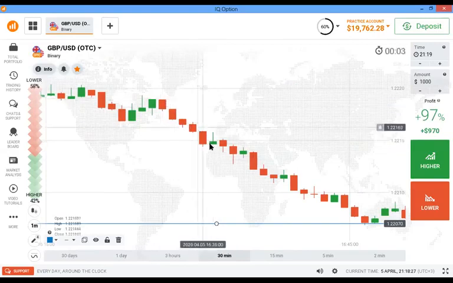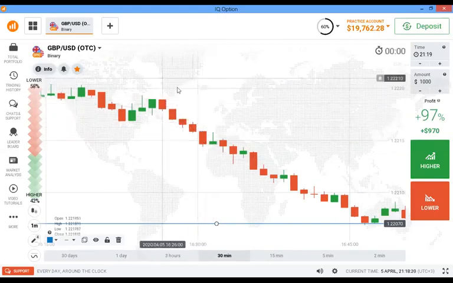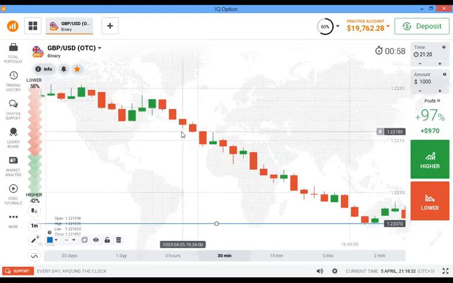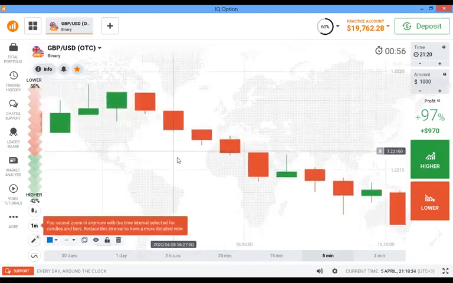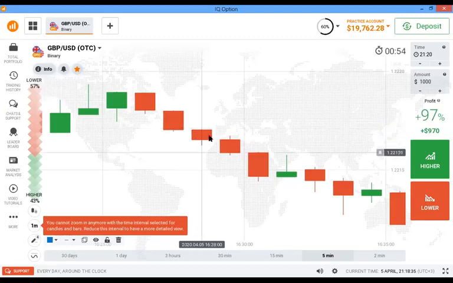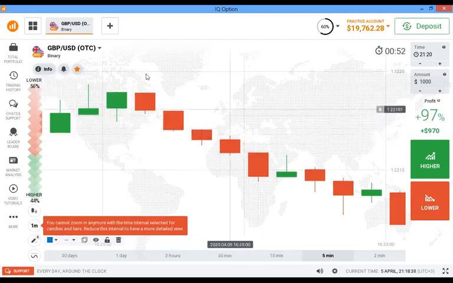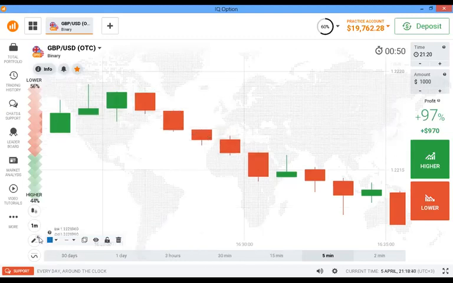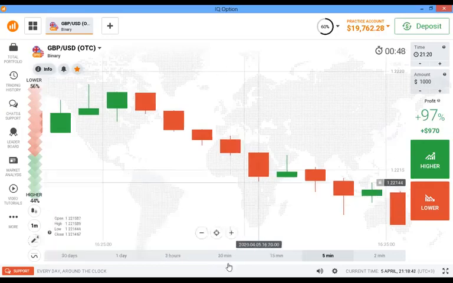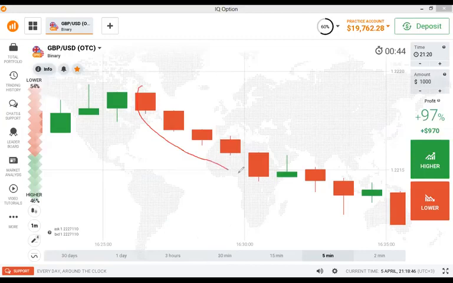They cannot withhold this sellers' movement. There's no strong sign of rejection or of buyers dominating this momentum.